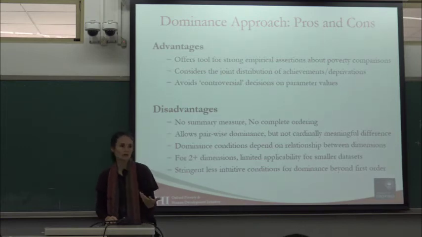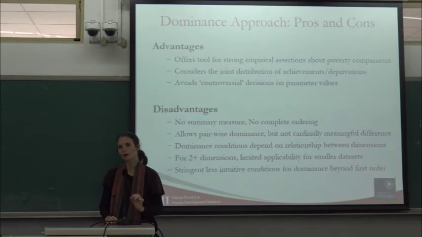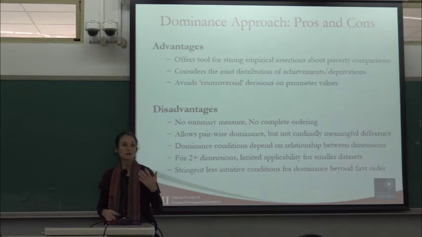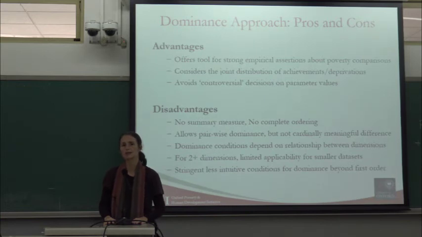Dominance also has no complete ordering. And the other key problem for dominance is sample size. So if you don't find first order dominance, and you're looking for second and third order, then the sample size you require to do these exercises increases exponentially with the number of variables.